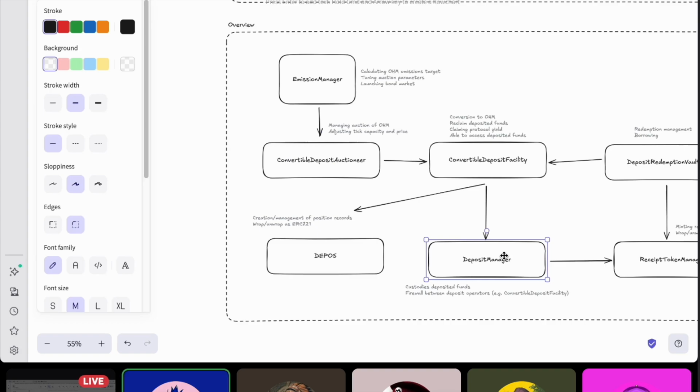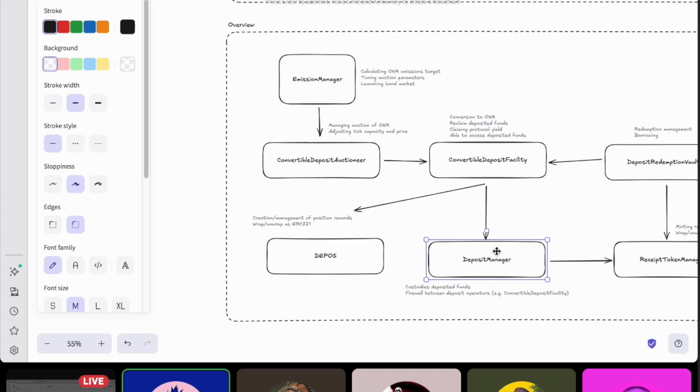And so they are kept in the deposit manager. What is done depends on the configuration of the asset, but I will use the USDS example. USDS will be configured to be deposited into the sUSDS, the savings USDS vault.